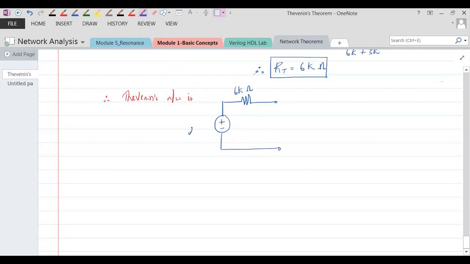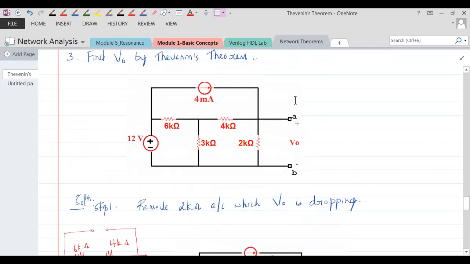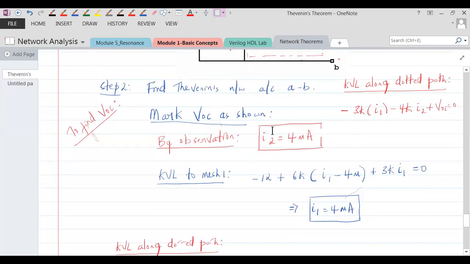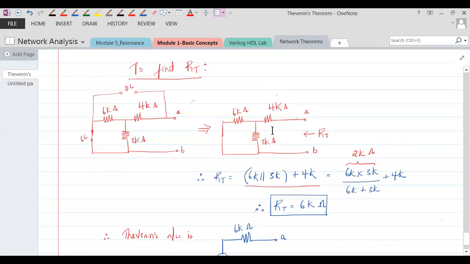Plus minus, this is 28 volts. Okay, across terminals AB. So we have found out the Thevenin's equivalent network, but what is asked in the problem? In the problem, they have asked us to find out the voltage V naught across 2 kilo ohms. Very first step is removing 2 kilo ohms. Second step is finding out the Thevenin's network, which we have done here.